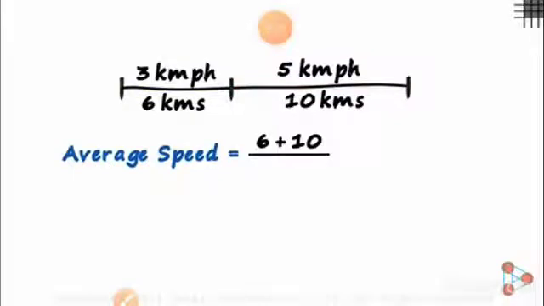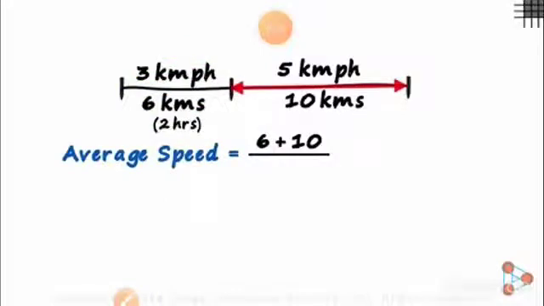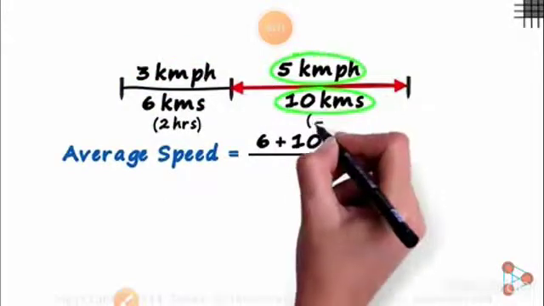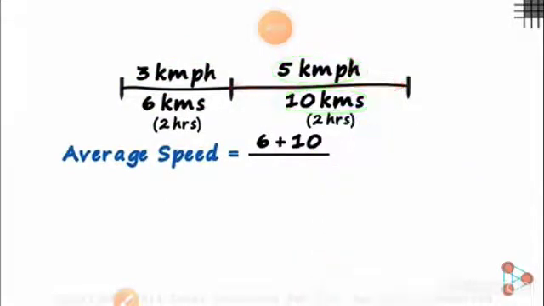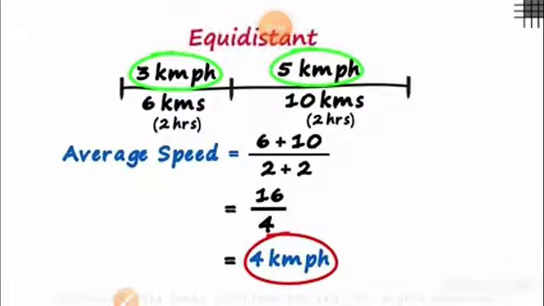But what about time? Time is distance divided by speed. So 6 by 3 will be 2 hours. Again, distance divided by speed, so 10 by 5, 2. So 2 plus 2, 4. So 16 by 4, the answer will be 4 kilometers per hour.